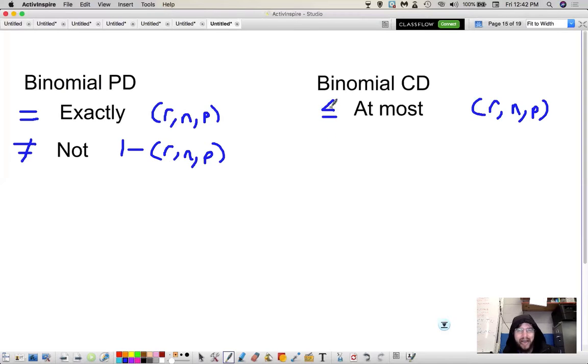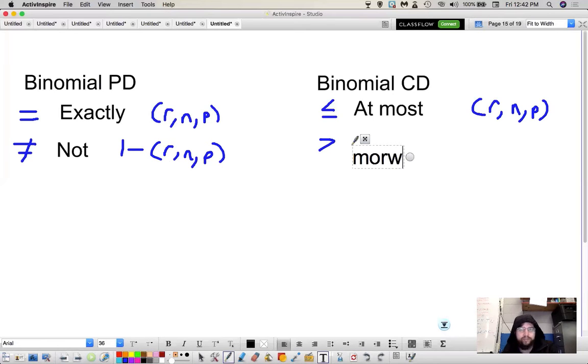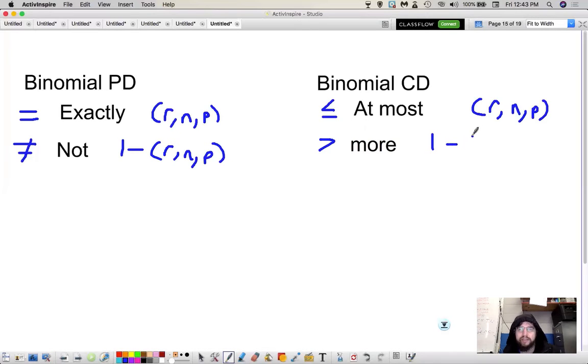So let's think about this. The opposite of less than or equal to is greater than. So this would be 1 minus binomial CD of R, N, and P. Now let's think about what less than actually means. Again, it's binomial. There's a fixed number of trials, and you can't have a piece of a trial.